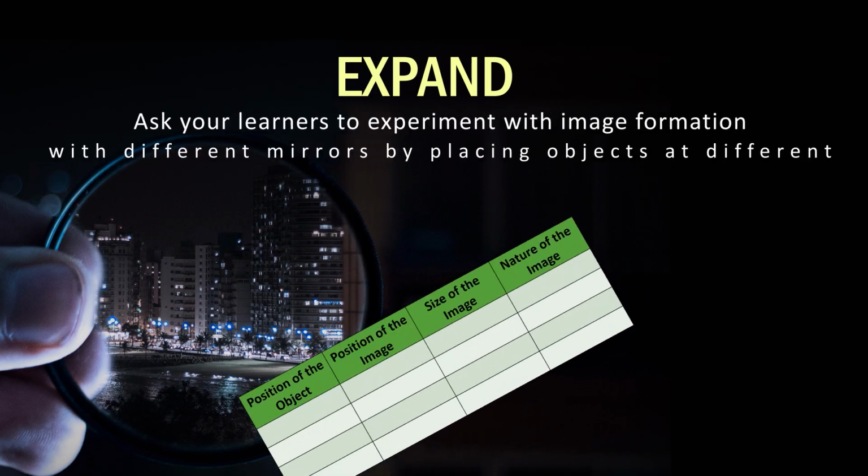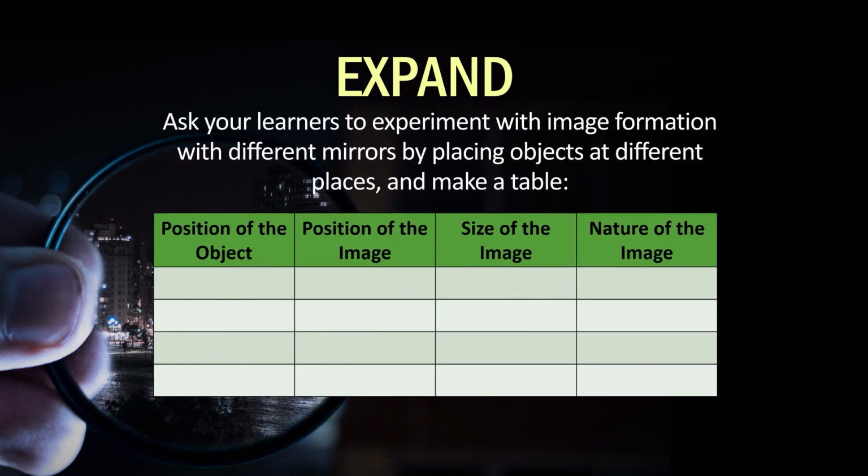How can you evaluate whether learners have learned how an image is formed in mirrors? My suggestion would be, give them different types of mirrors, let them place the object at different places and try to find out where the image is formed and whether the image is erect or inverted. You can give one team a concave mirror and another team a convex mirror.